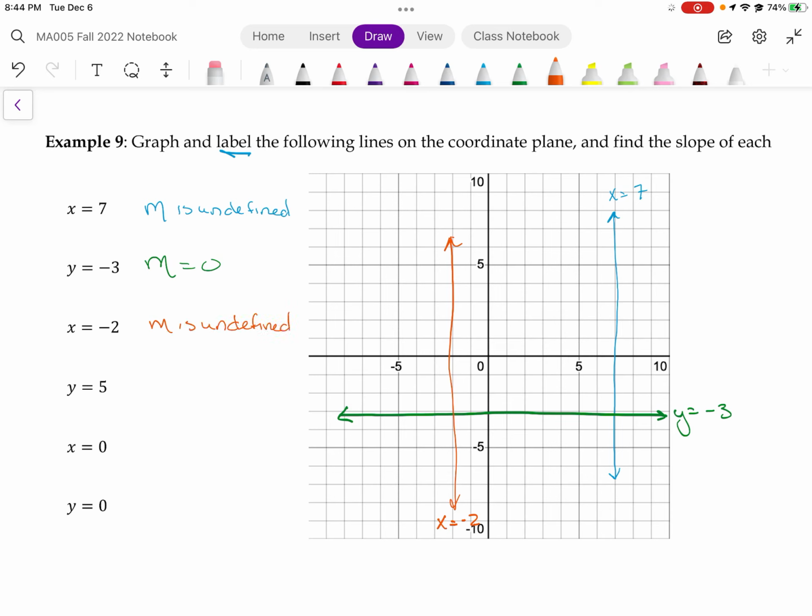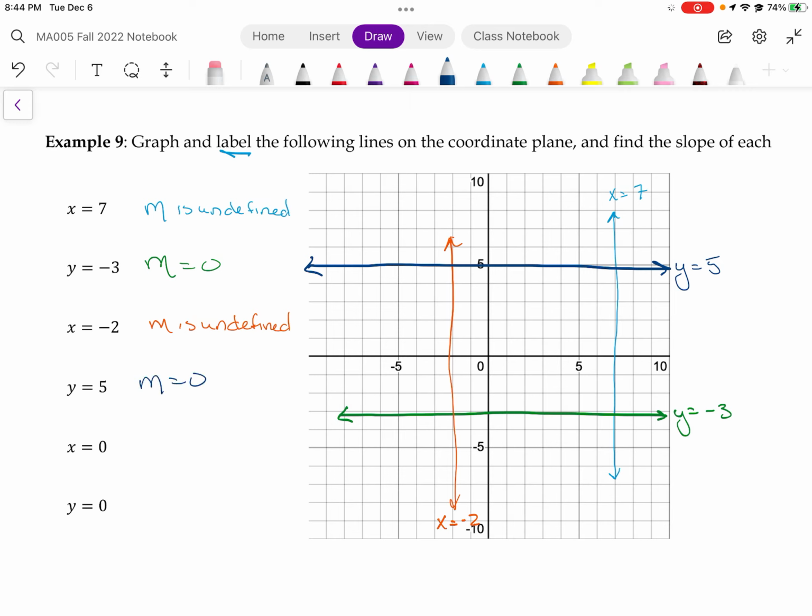It doesn't have a slope. It's vertical. All right, y equals 5 is going to be right here, and that has a slope of 0.